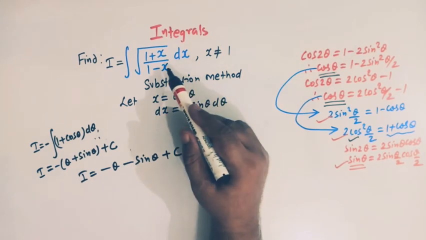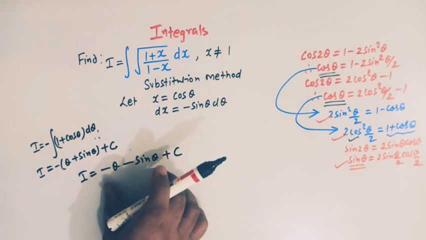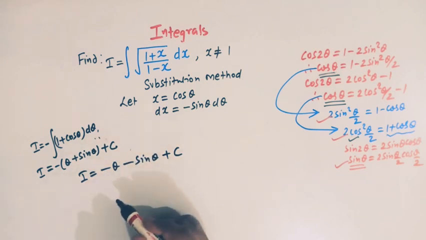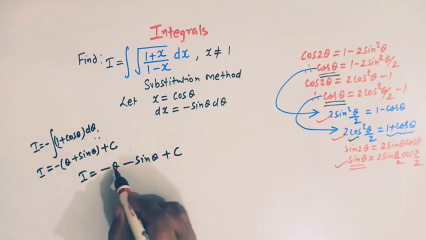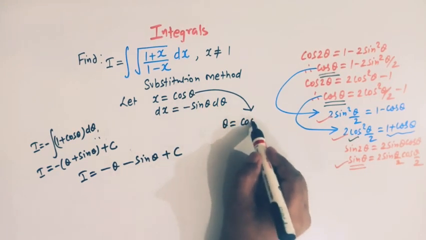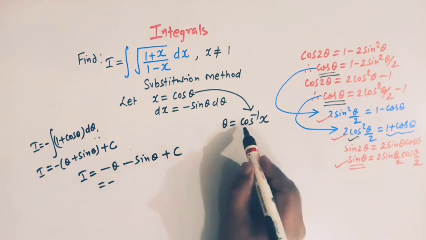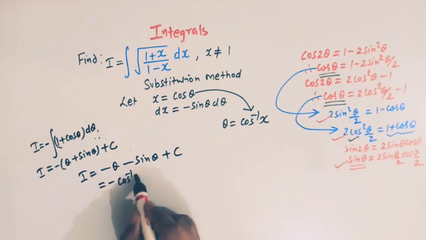Now the original integral is in terms of x, so now we have to express our result in terms of x. So what we will do, from here we can write theta is equal to cos inverse x. So we can easily replace theta by cos inverse x.